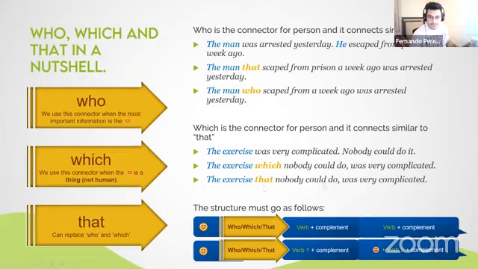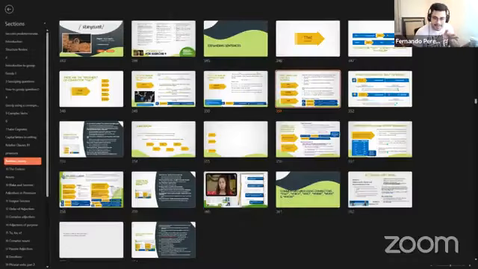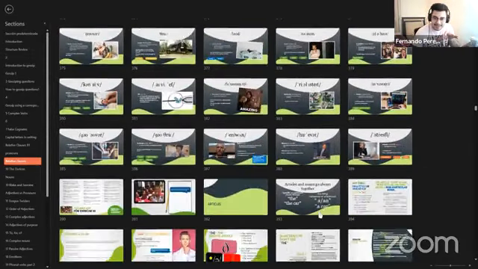Idea number one, nobody is a person, could do is the verb, comma, secondary verb was very complicated. So you have two ideas in one. You see? The same is happening in this sentence.